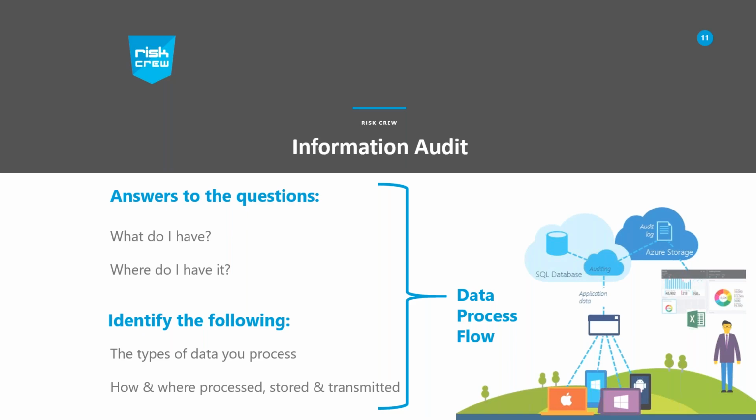And then we need to identify what types of data we process and how and where it is processed, stored and transmitted. This is the data process flow: how it originates within the organisation, how it is acquired, how it flows through the organisation, how it's processed, how it's shared, how it's stored, and ultimately how long it's kept for before it's deleted.